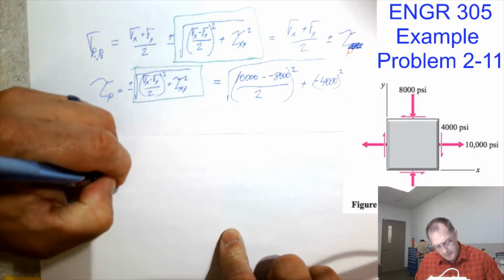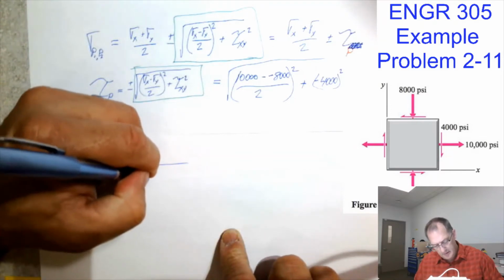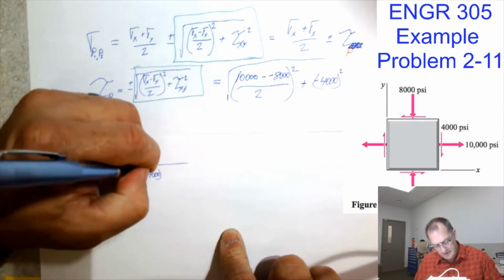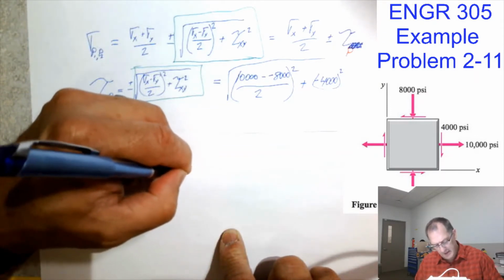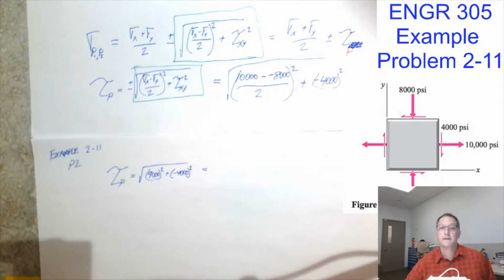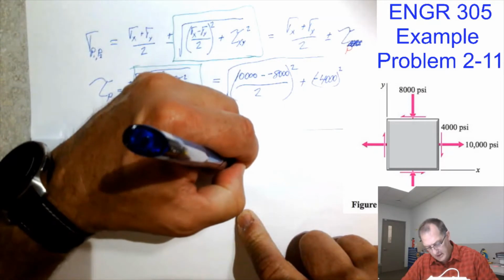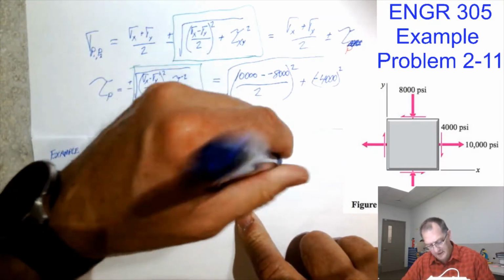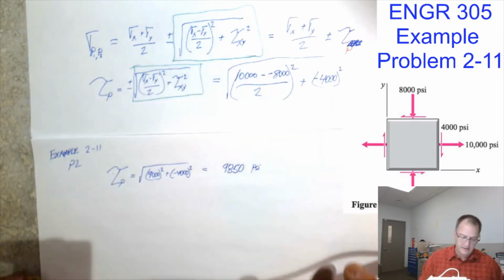Tau principal equals 9,000 squared plus 4,000 squared equals, and the answer for that is 9,850. And PSI, same units, see above.